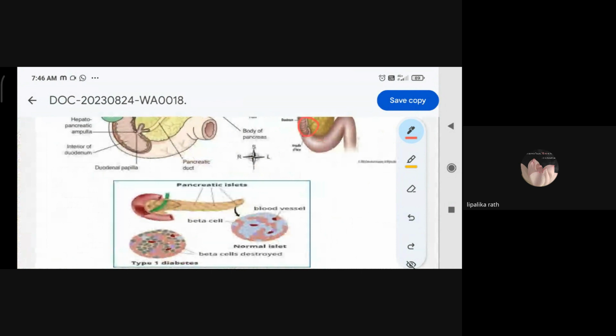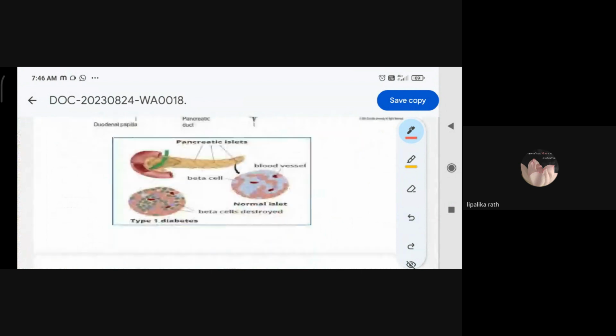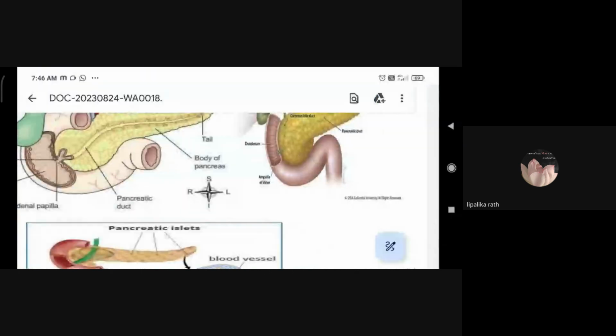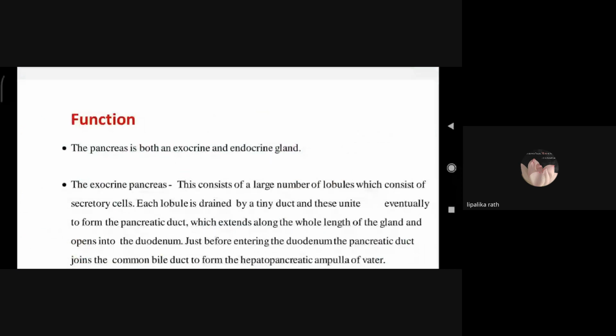Now, the pancreas has different types of cells. Those are alpha cells, beta cells, and delta cells. So, the functions of the pancreas are very interesting. The pancreas is a very good example of an endocrine and exocrine gland, meaning the pancreas acts like both an endocrine and exocrine gland.